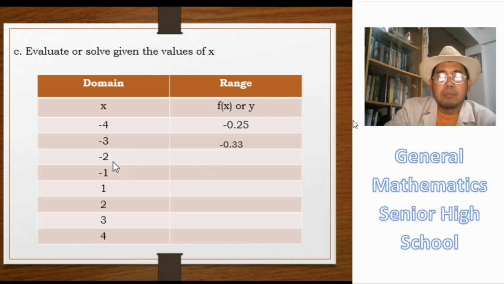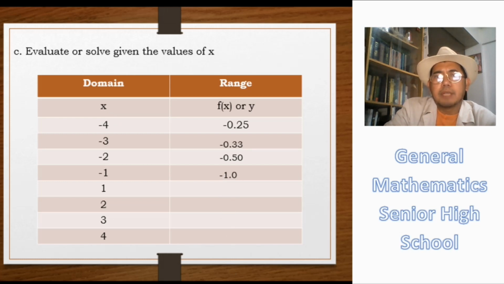What about if my x is negative 2? What would be the value of f of x or y? It will give me a result of negative 0.50. What about if my x is negative 1? The value of f of x will be negative 1.0.